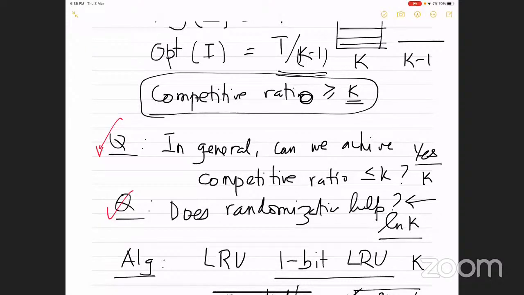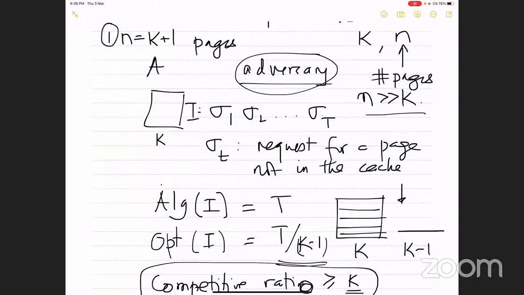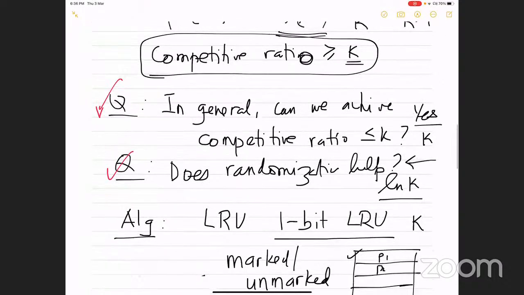In practice, it does help because you will not get this kind of worst case input. So in practice, it may help, but at least for our analysis, it does not help at all. You can't go below K, and already 1-bit LRU is giving you K.